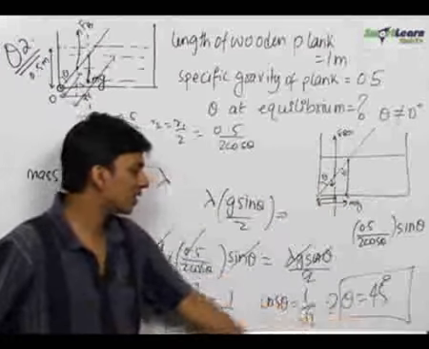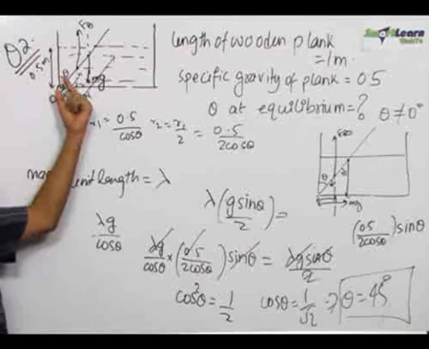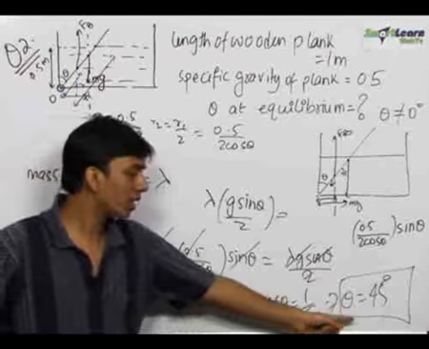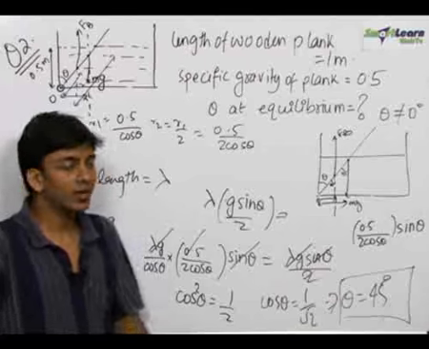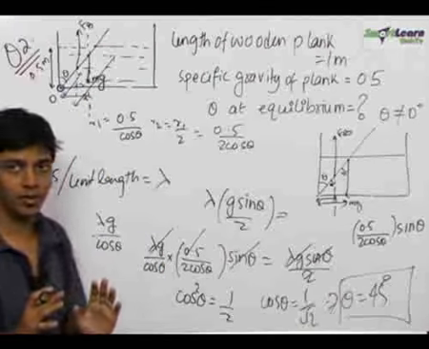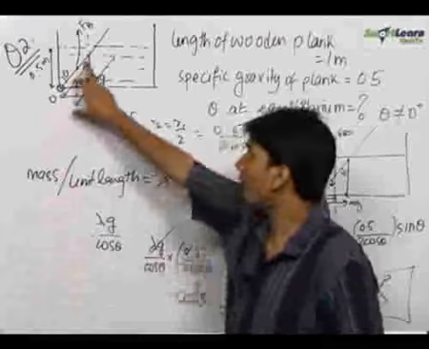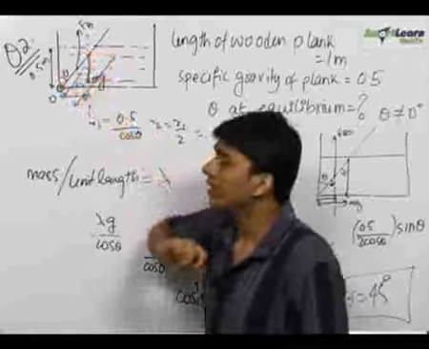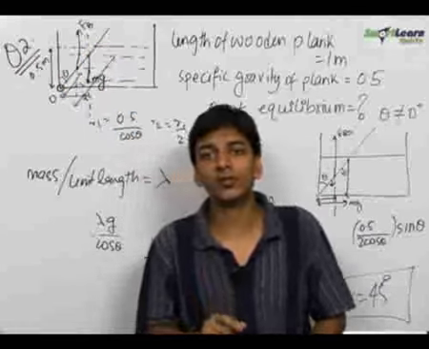So our final answer for the angle theta made by the plank with the vertical at equilibrium comes out to be 45 degrees. In this question there are certain things you should always remember, that is the point of application of buoyant force is always the center of mass of the displaced volume and not the center of mass of the object.